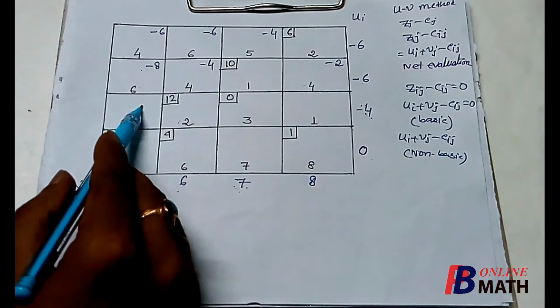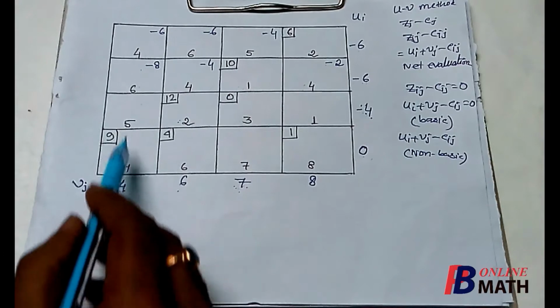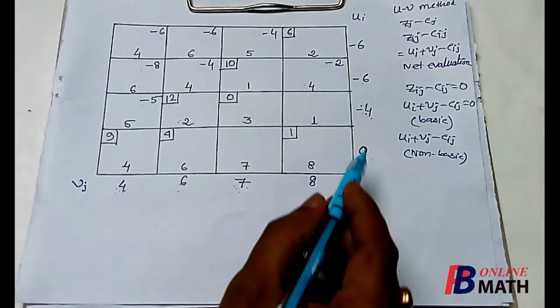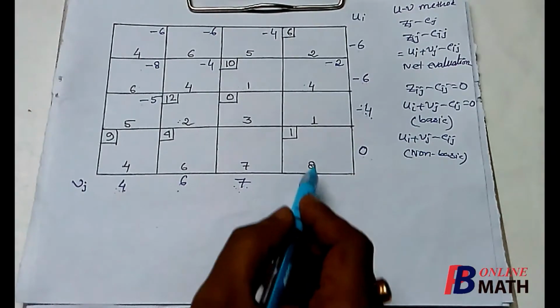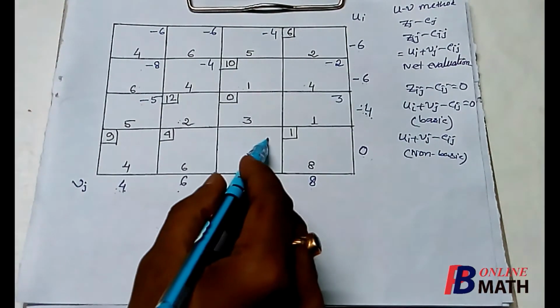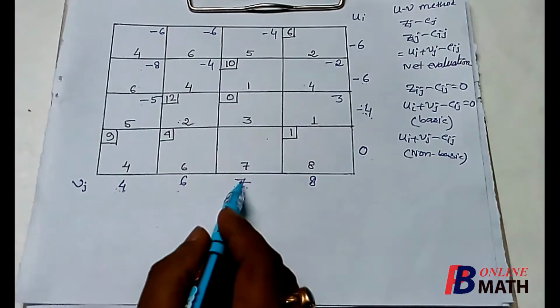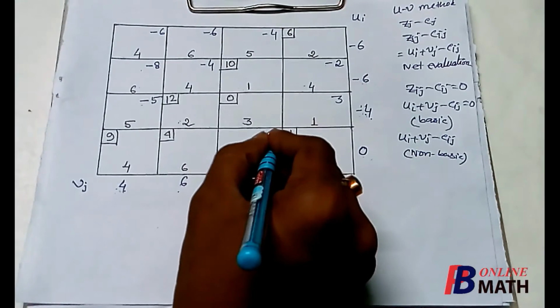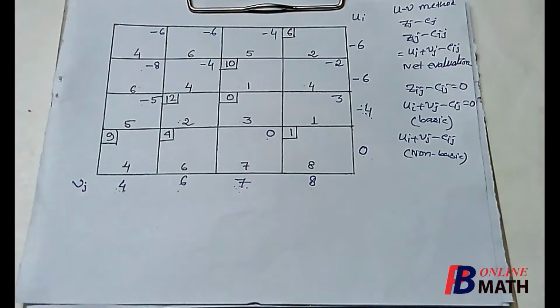For this non-basic cell it is minus 5. For this non-basic cell it is 3. For this non-basic cell it is 0. So we have evaluated all the net evaluations for the non-basic cells.